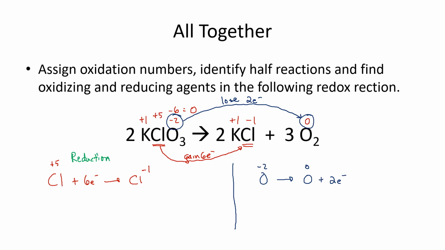And this part here is the oxidation. And then our flipped language means that, I'll use purple here, chlorine here is the oxidizing agent, and the oxygen here is the reducing agent. Great! New terms and new ways of showing electrons in your half reactions.